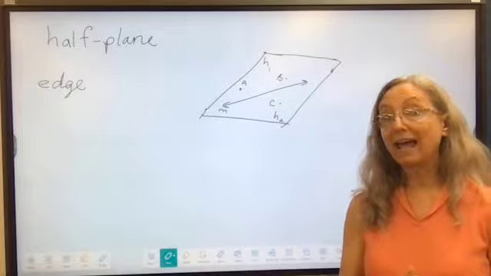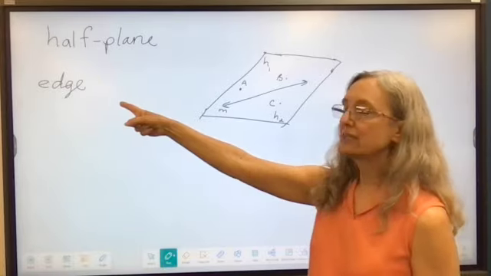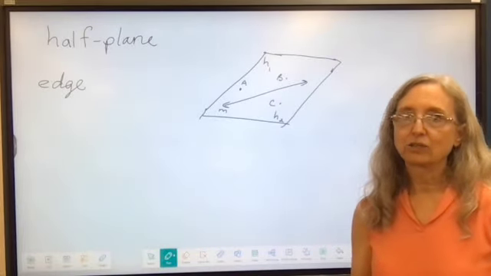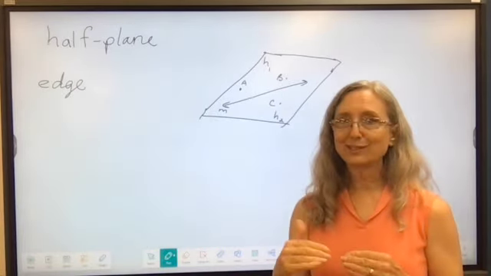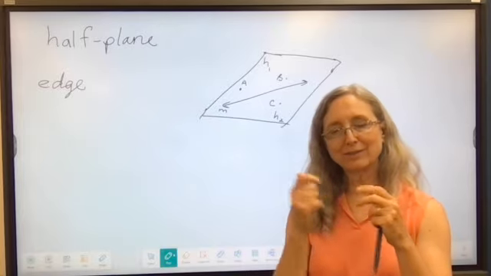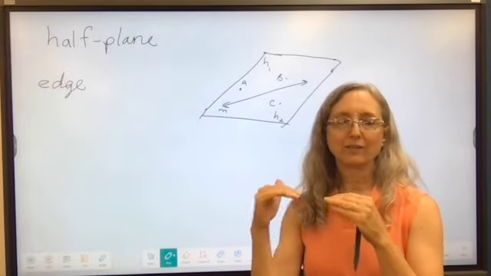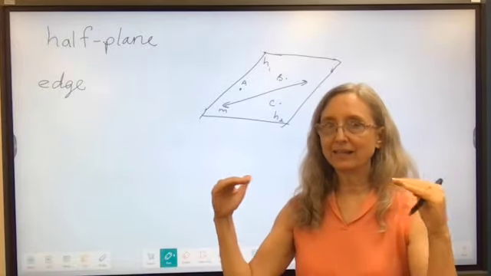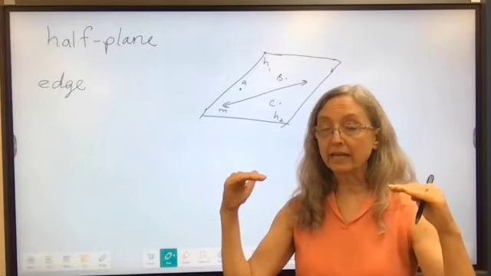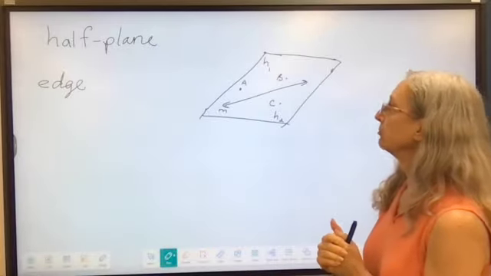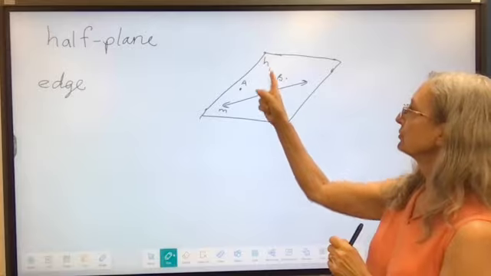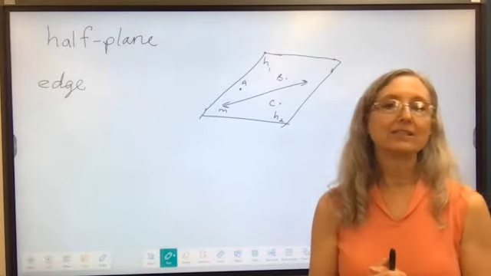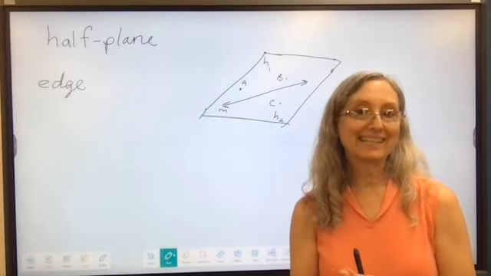Each one of those is a half plane. The edge of that half plane is the line. So it's not on the plane, just like the point was not on the ray, remember? On the half line. Same thing with this plane. The line is not there, it's just the edge of the plane. So I have two halves, H1 and H2, each have the same edge, line M.